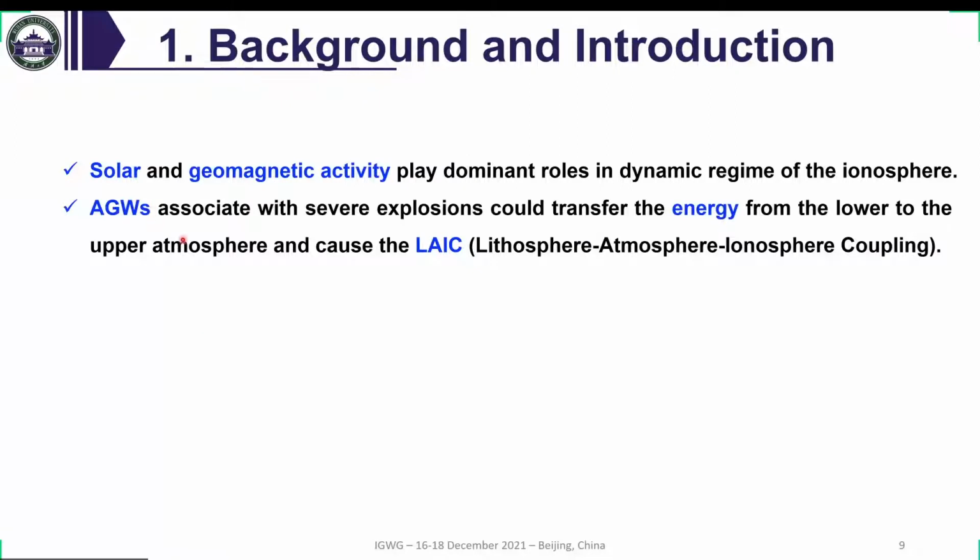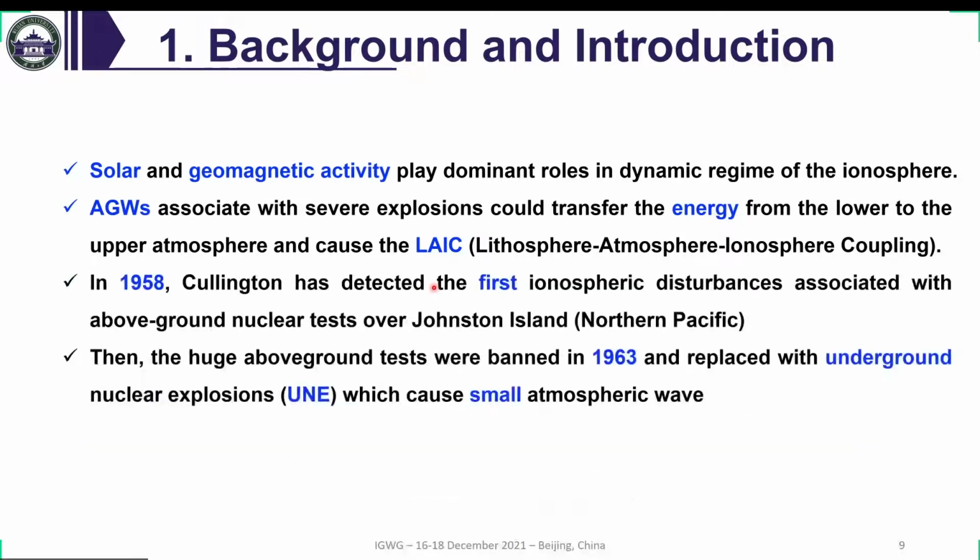As I mentioned, solar and geomagnetic activity play a dominant role in the dynamic regime of the ionosphere. However, acoustic gravity waves associated with severe explosions could transfer energy from the lower to the upper atmosphere and can cause lithosphere-atmosphere-ionosphere coupling.